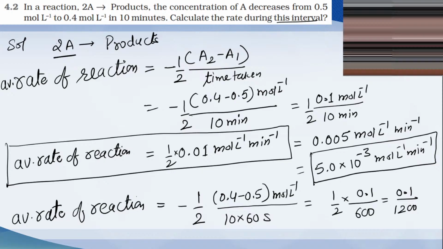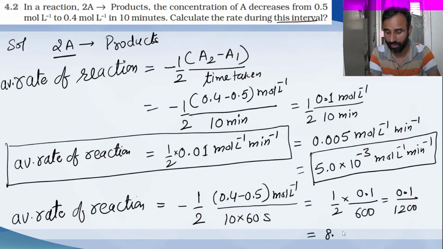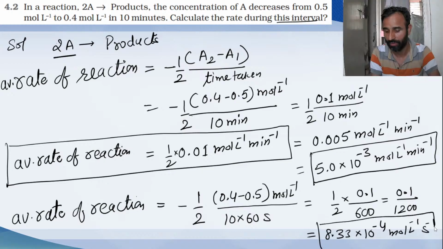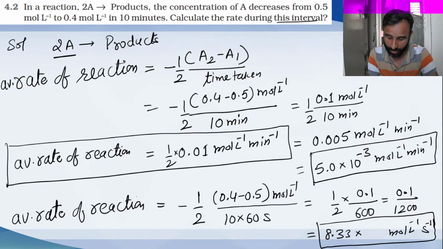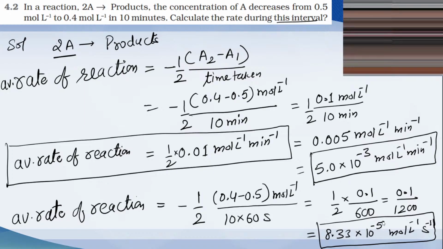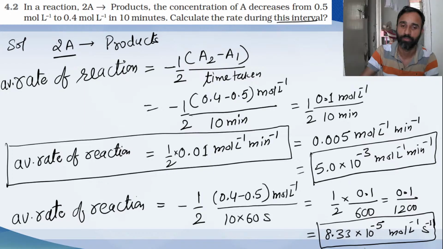It is 8.33 into 10 raised to power minus 4 mole per liter per second. Minus 5, okay, yes, it is 10 raised to power minus 5 mole per liter per second.